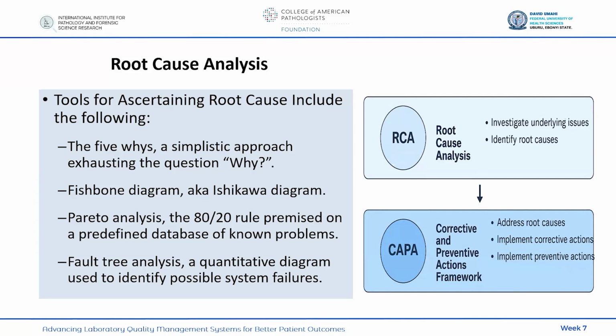So we have the 5 whys, where you keep asking why. When you get the answer, you still ask why is that happening? What are the possible causes?